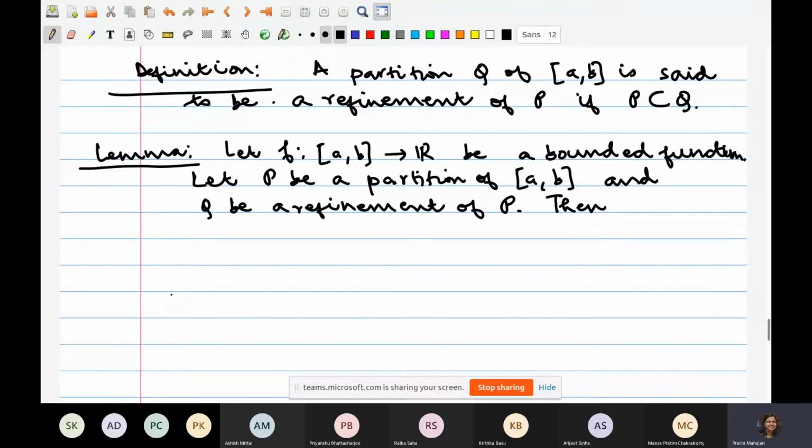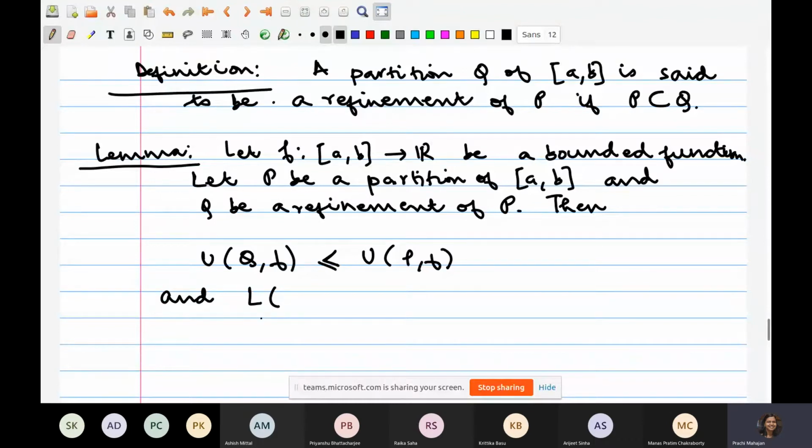So you can iterate that argument again and again to get that the upper sum corresponding to the partition Q is always smaller than the upper sum corresponding to the partition P. And a similar statement is true for the lower sums also, where exactly the same proof as above works.